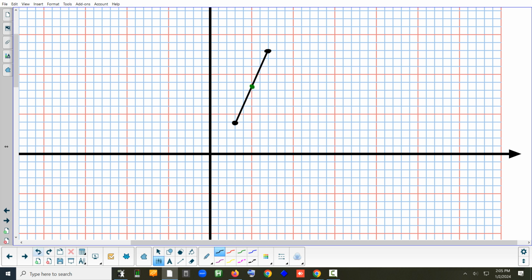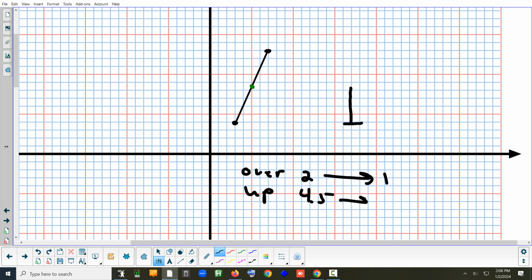All right? So to get to the green dot, how far over do we go? 2. So we go over 2 and up 1, 2, 3, 4 1/2. Okay, so now let me move this out of the way so we can see it better. What's half of 2? 1.